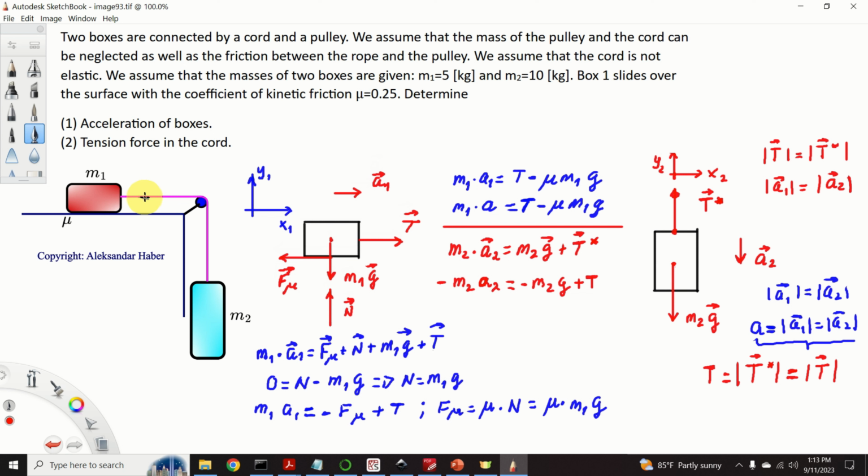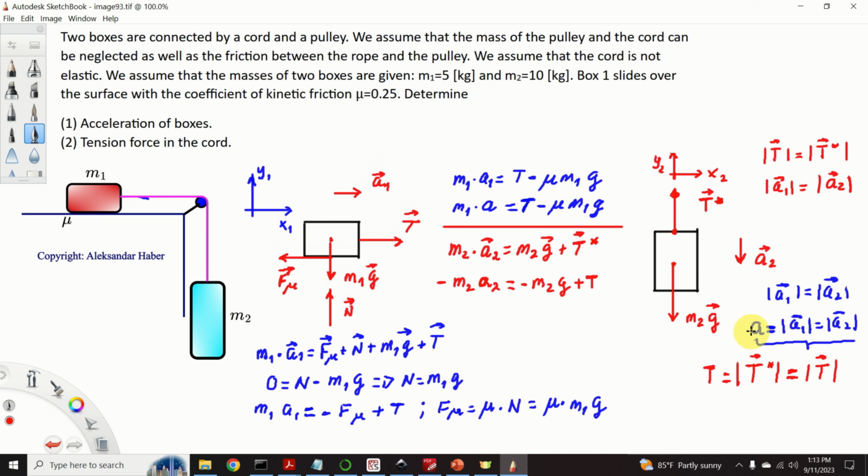That is, better to say, the intensity of the tension force is unique. However, the tension force, for example, has this direction if it acts on box 1, or it has this direction if it acts on the box 2. However, the intensity is the same, and we are using this fact.